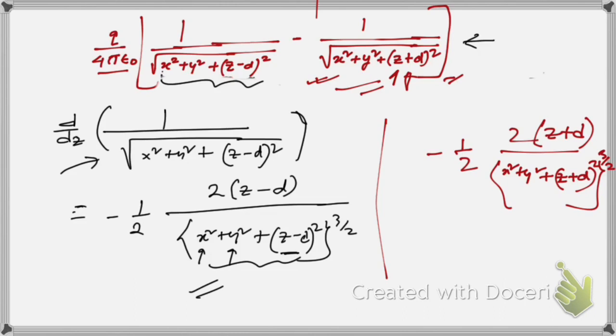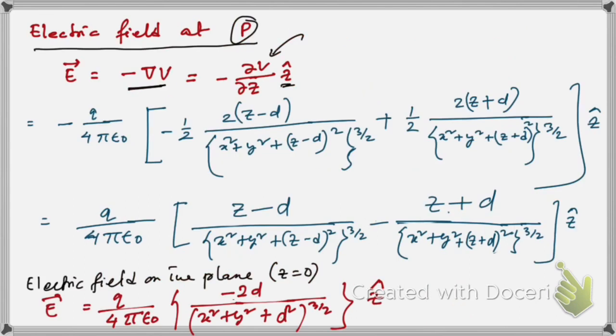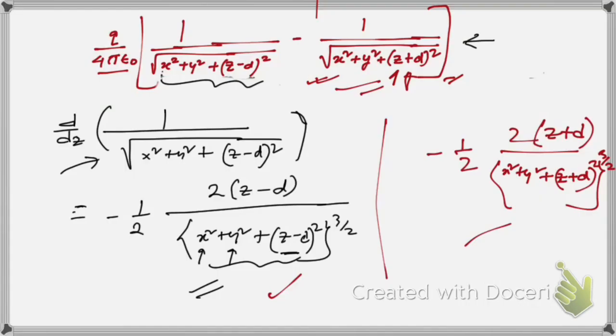And if you put these results here, you can see the above step. I have put the results here, and as you can see, here we have a minus sign, and there is also a minus, so when you differentiate this with respect to z, this minus and this minus will become plus, right?